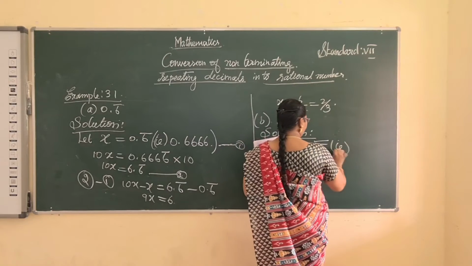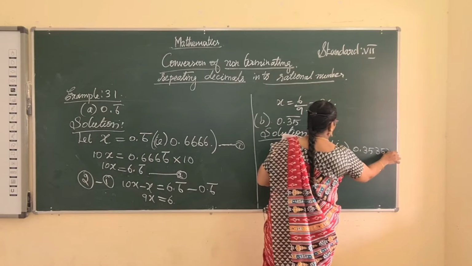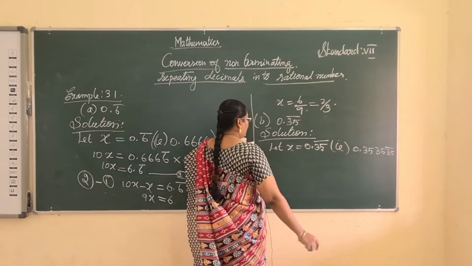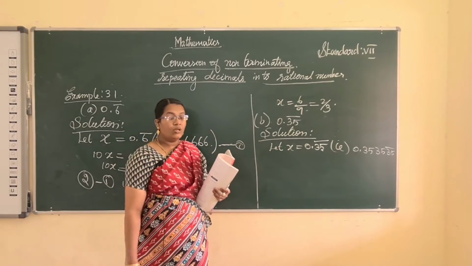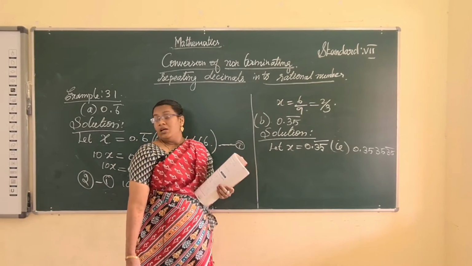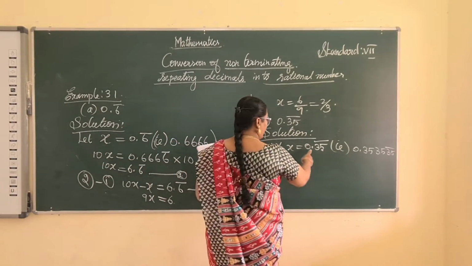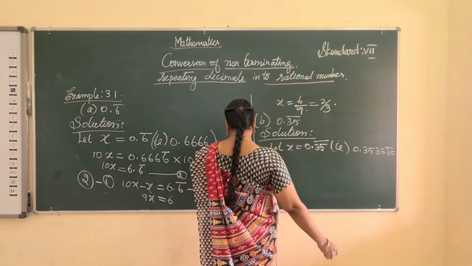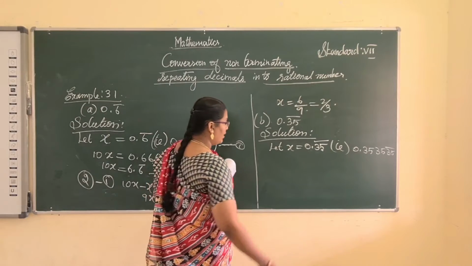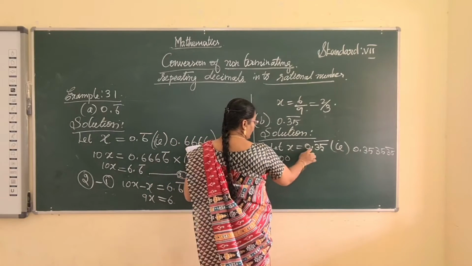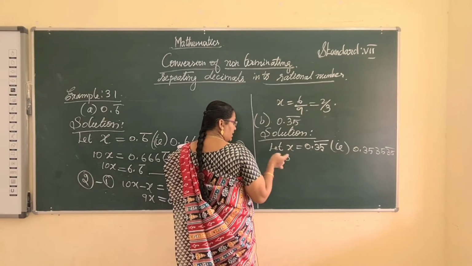What is the meaning? 0.35, 35, 35, going on endlessly. After the decimal point, how many digits are there? 2 digits, so you multiply by 100. If one digit is there, multiply by 10; if 2 digits are there, 100.